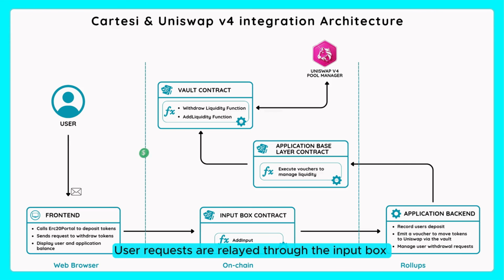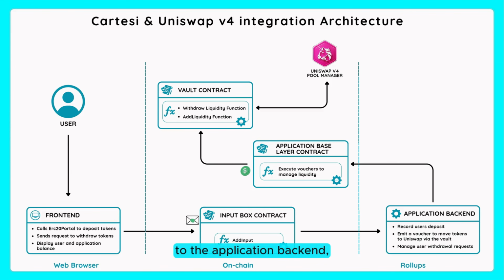User requests are relayed through the input box to the application backend, while token deposits are transferred to the application's base layer contract via the ERC20 portal. However, unlike typical applications where deposited tokens remain idle in the application contract until withdrawal, this design takes a different approach.